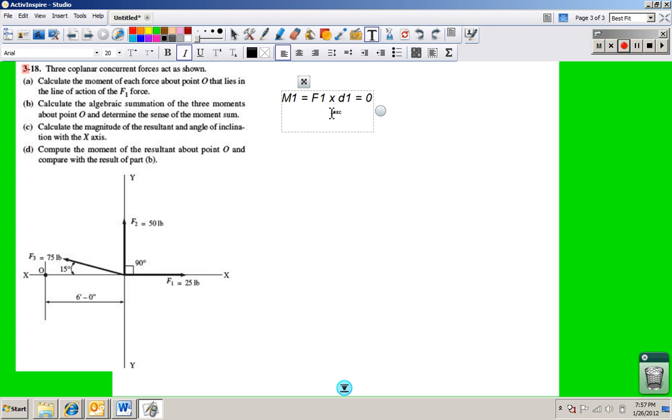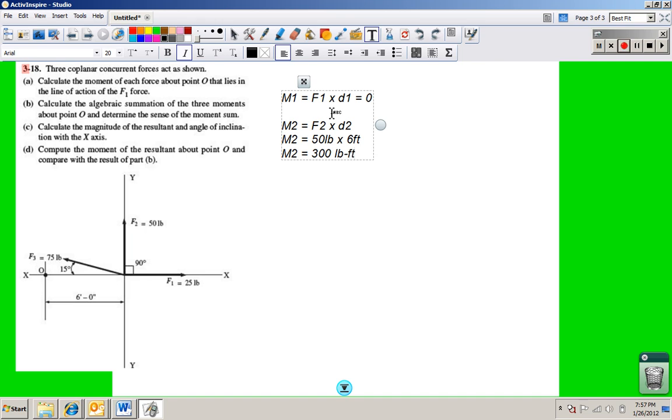Alright, so then let's look at M2. M2 is equal to force 2 times the distance to point O. And M2 is then 50 pounds times 6 feet. And M2 is equal to 300 pound-feet.